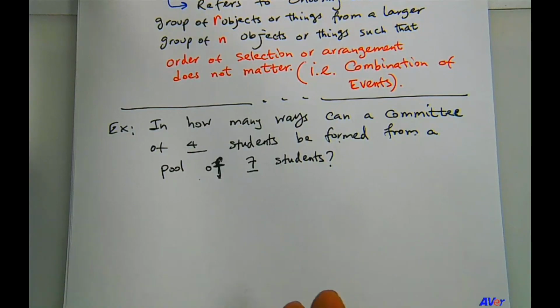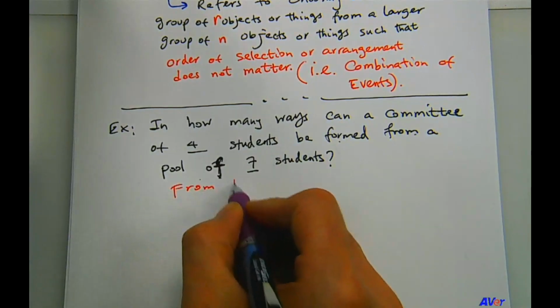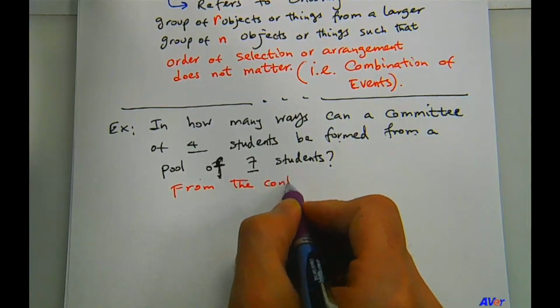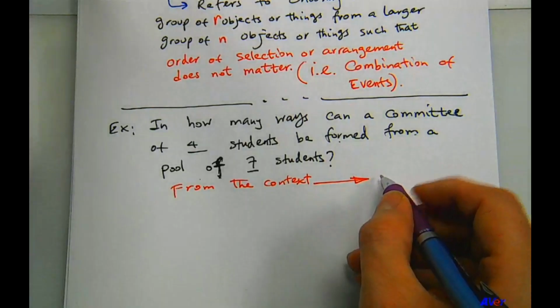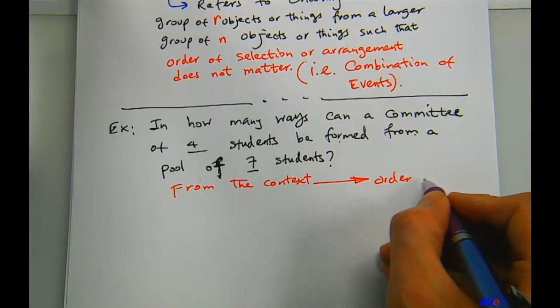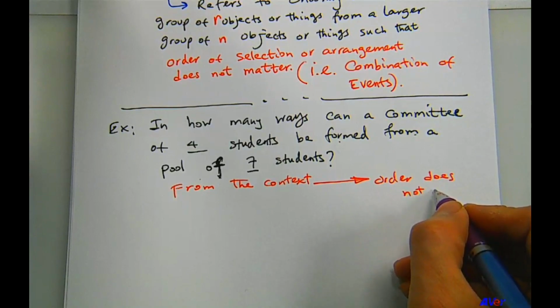From the context, we gather that there is no ranking or ordering of the committee members. So order does not matter. That's the first thing you want to establish when you see a problem like this. So from the context, we can derive that order does not matter.